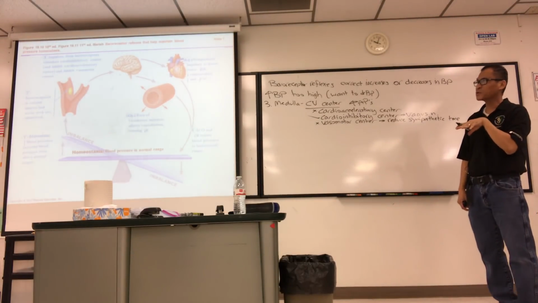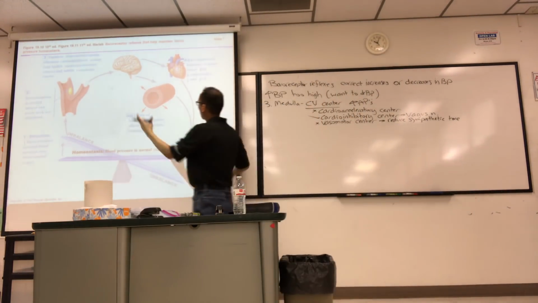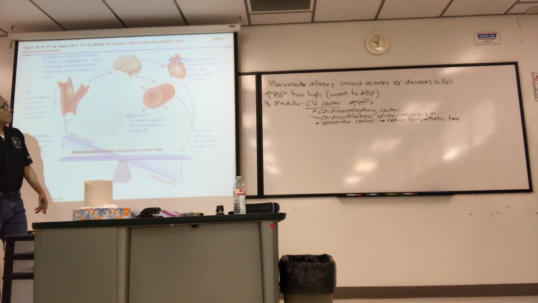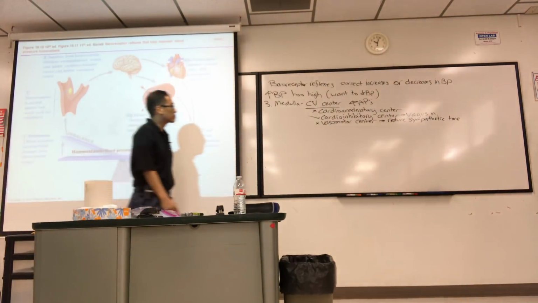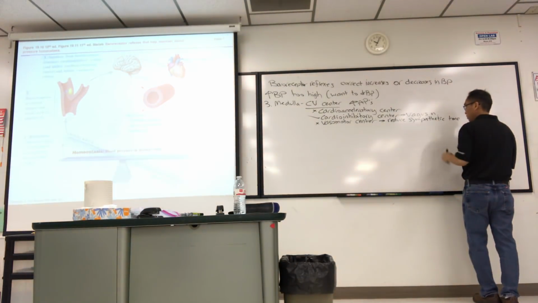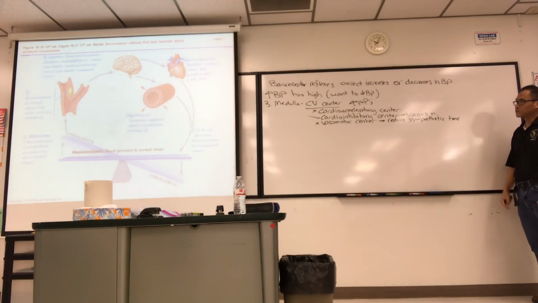It's like, which centers do I use to correct the imbalance? And then you've got arrows going from the brain to these organs. So you kind of have to know the nerves. Here's one nerve, the vagus nerve. The nerves that innervate the blood vessels are called vasomotor fibers.